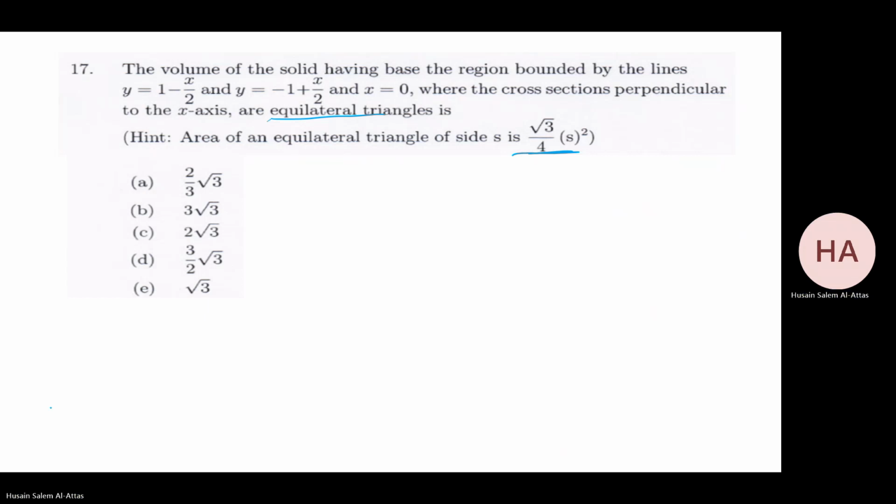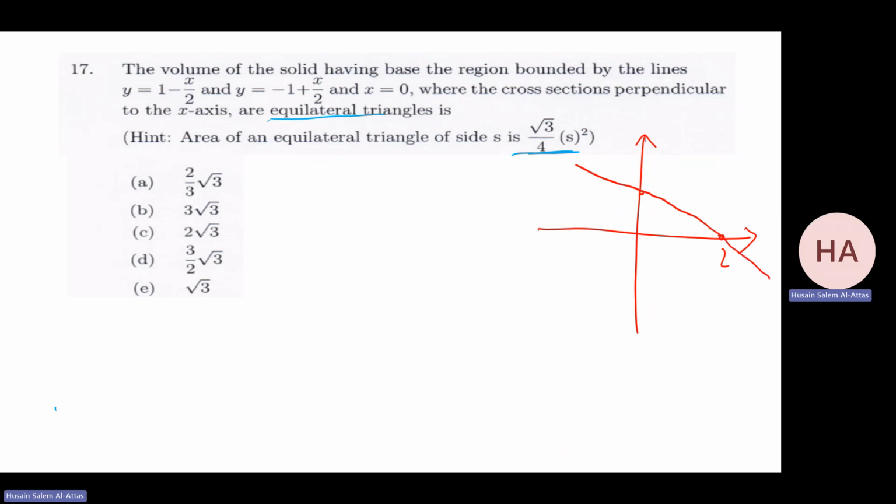Okay. So let me graph the region first. The region is what? I have the two lines. The first one, at x equals 0, it is 1, and at x equal 2, it is 0. So this will be my first line.